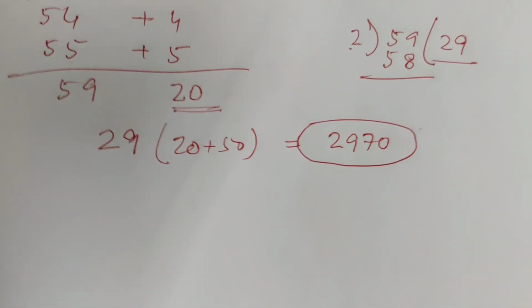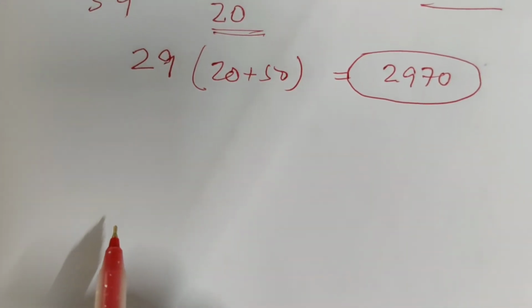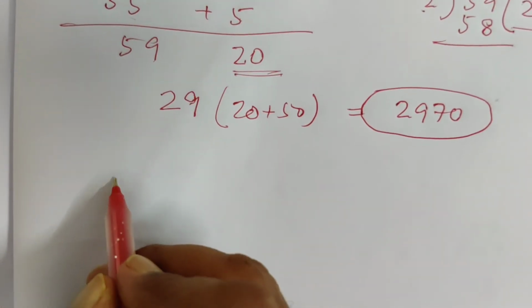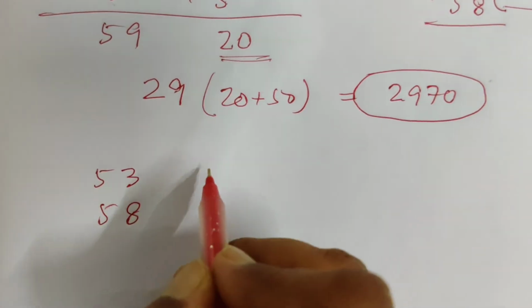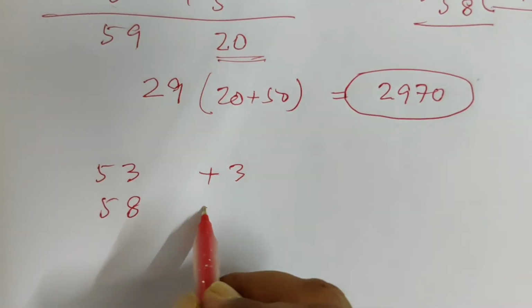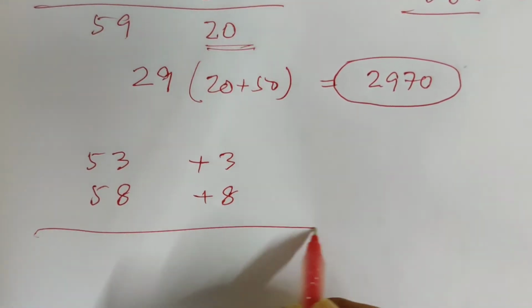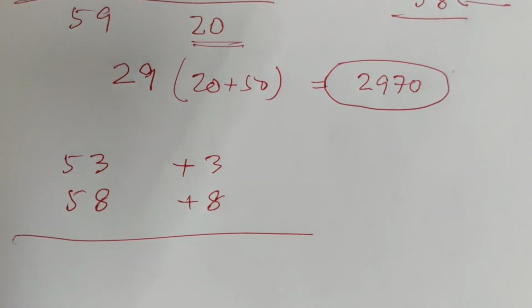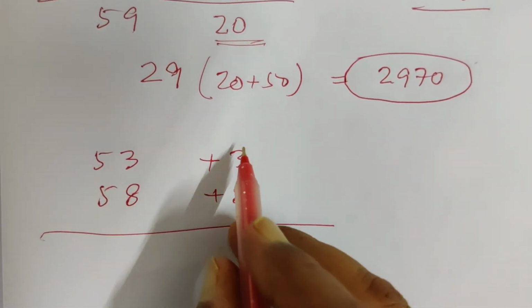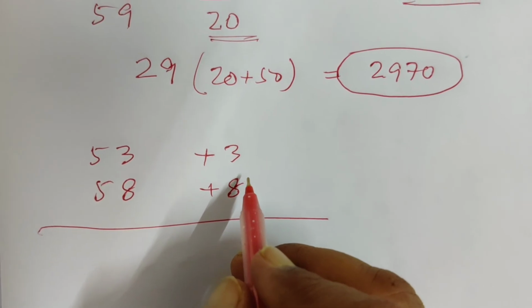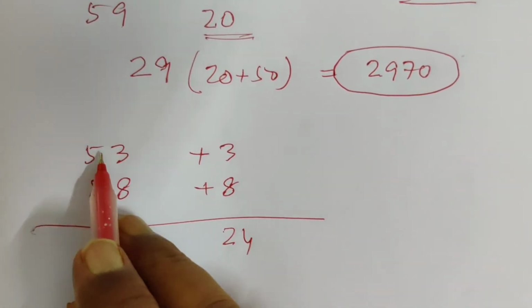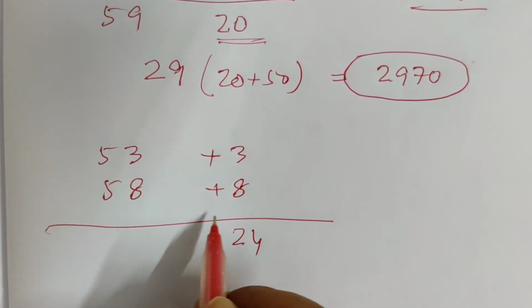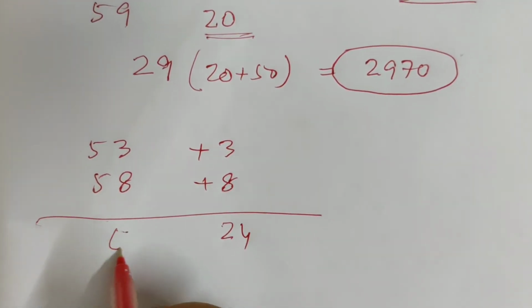In case it is odd number, we have to do it like this. So let's do another odd number like this. If we are multiplying 53 into 58. This is plus 3. This is plus 8. So here 8 3s are 24, and here 53 plus 8 is equal to 61.